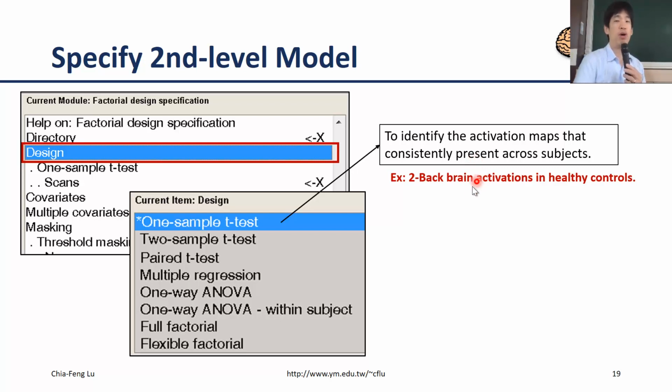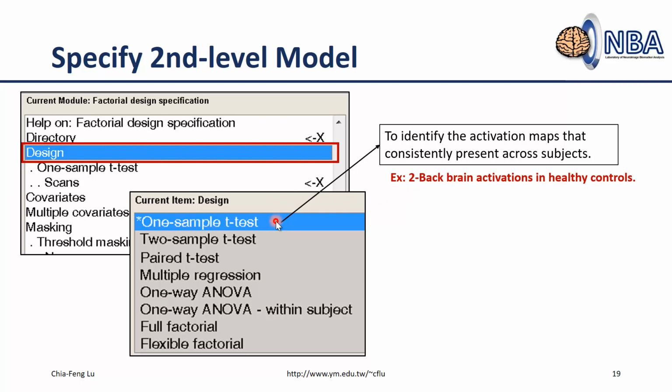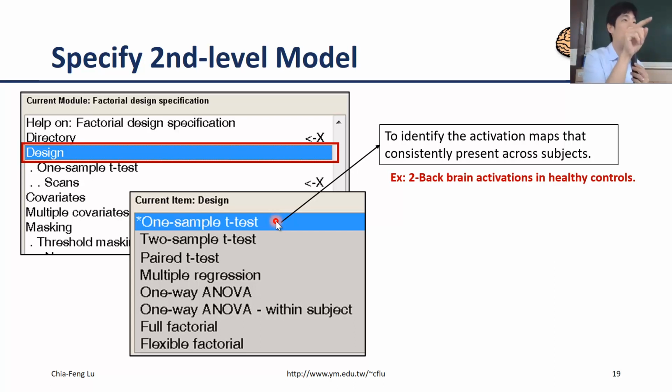For example, if I'd like to identify the two back brain activations across healthy controls, I may use the one sample t-test, and I will select all the contrast maps within the HC underline one back folders. You will have 10 different contrast maps. You will select all of them and use the one sample t-test to answer this question.